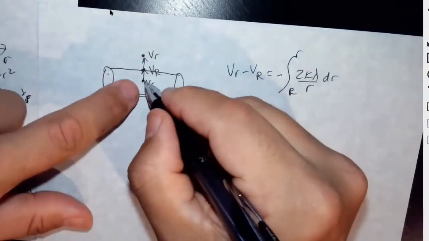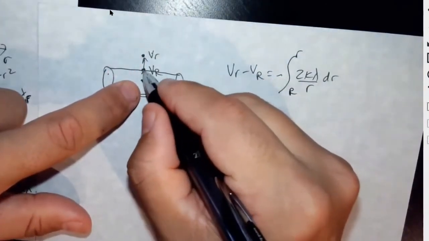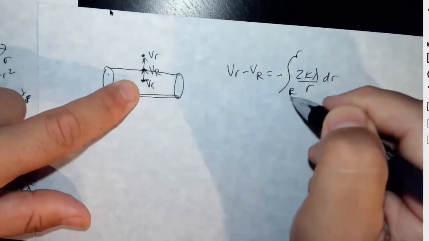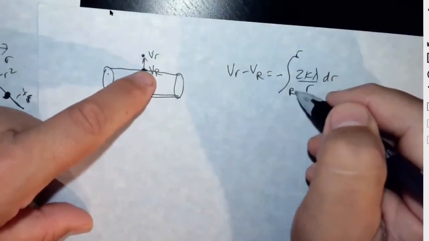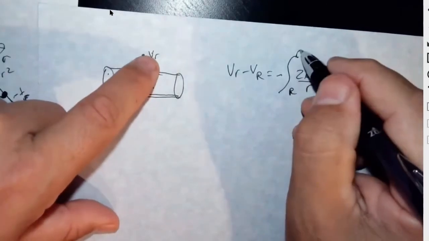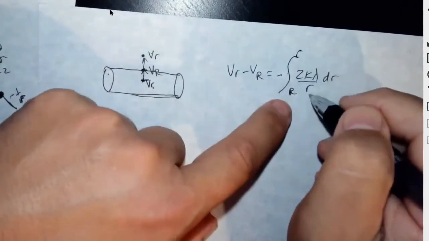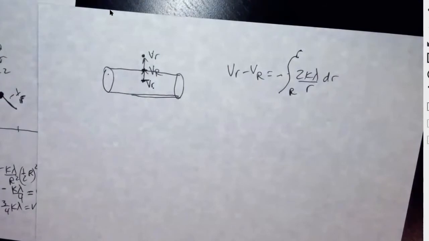When you're inside, you're integrating from the little r to the big R. But once you're outside, it's the big R to the little r, and then negative the integral of this. Oh, you see, it's a ln behavior.